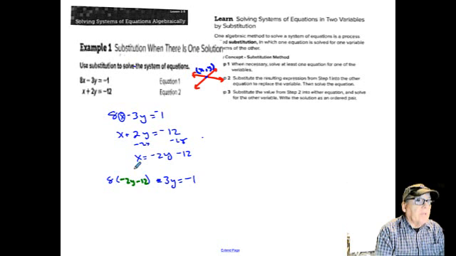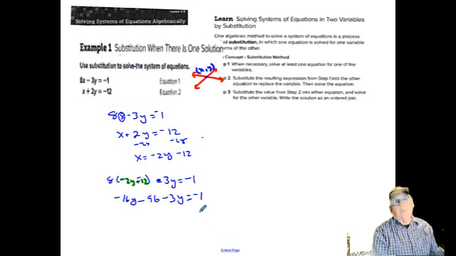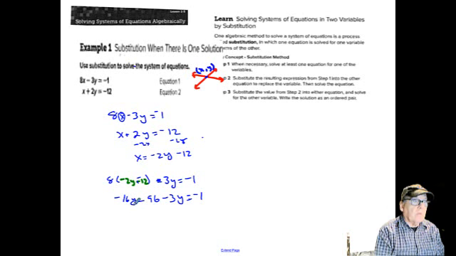8 times negative 2y is negative 16y. 8 times minus 12 is minus 96. And then we have minus 3y equals minus 1. So we can collect like things, y's on the left and numbers on the right.